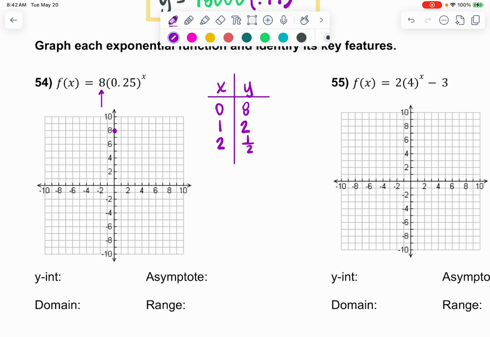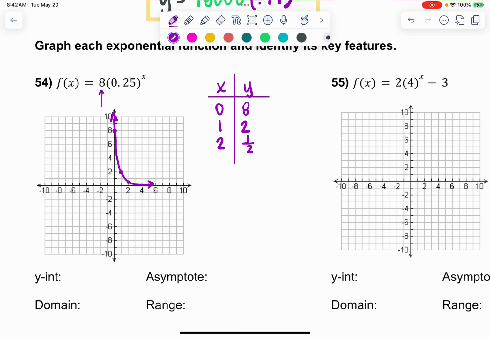And then we're just going to get smaller and smaller numbers until we start reaching the asymptote. So I'm just going to plot what I've got there. So (1, 2), and then (2, 1/2). And so my curve is very sharp. I knew it was going to be a very steep curve because the 0.25 tells me that we are declining at a rate of 75%.